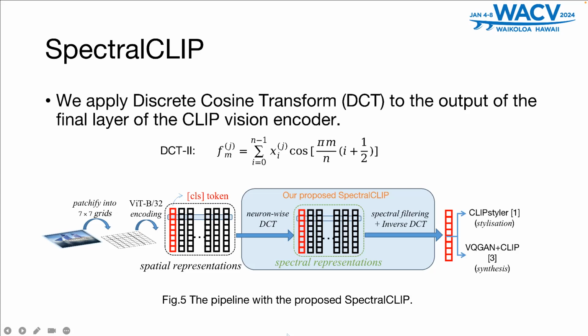Then, we apply discrete cosine transform, or DCT, to each dimension, filter out certain frequency components, and transform the representations back to the spatial domain. In this way, we can remove the frequency components that cause the artifacts in the images. Since SpectralCLIP is independent of the downstream tasks, it can be easily plugged into existing methods to address artifact issues.